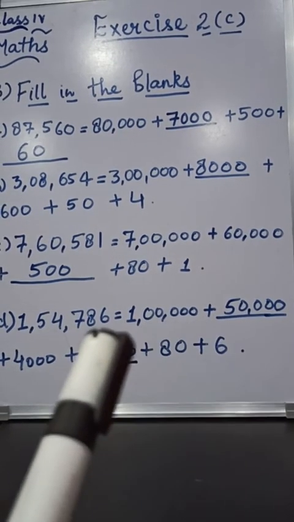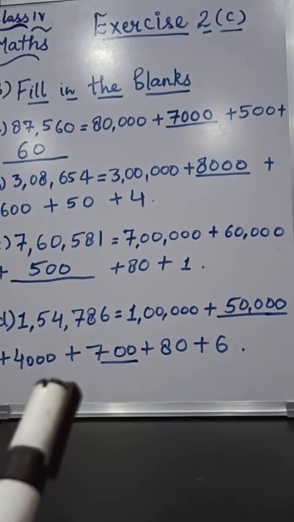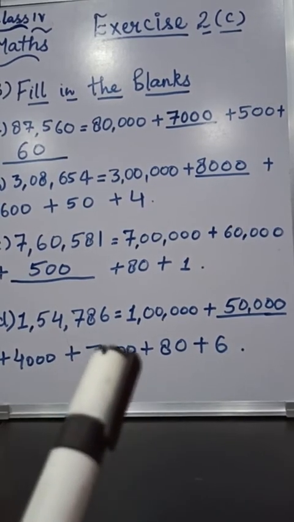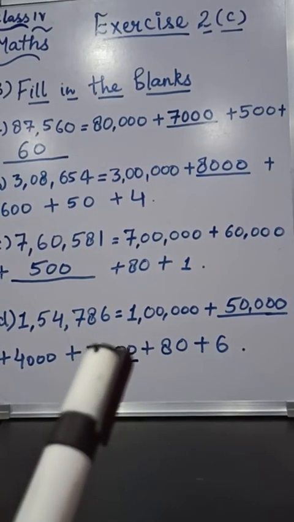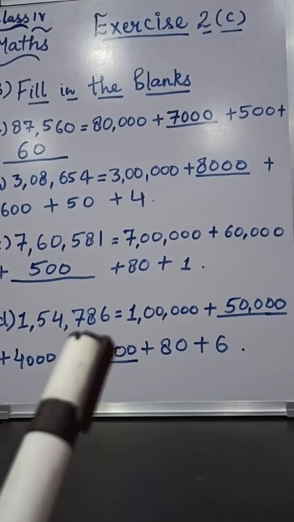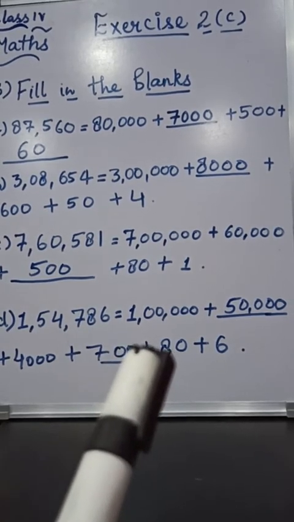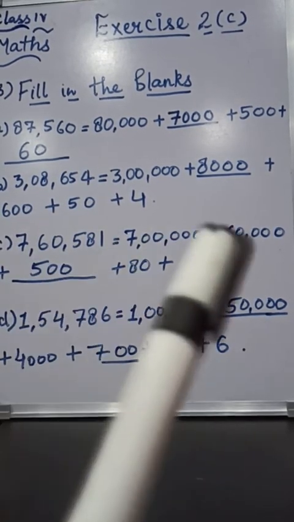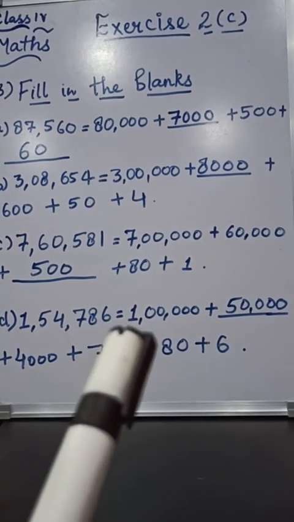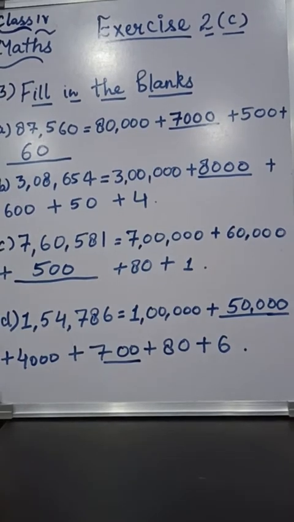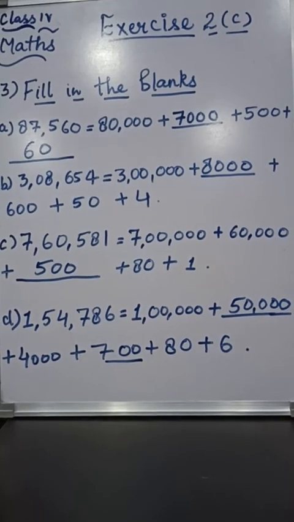Yes, 50,000, plus 4,000 is given already, plus in this blank 700. As you can see, how 700? 7 is on the hundreds place or not? 1s, 10s, 100s, right? Plus 80 plus 6. So this is the expanded form of 1,54,786. All of you, please note down.